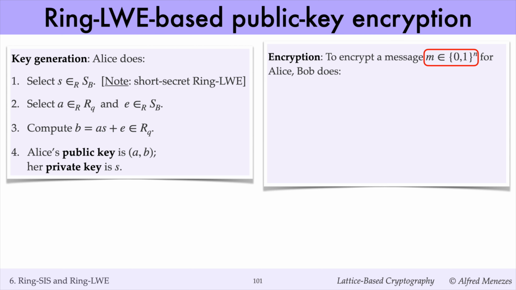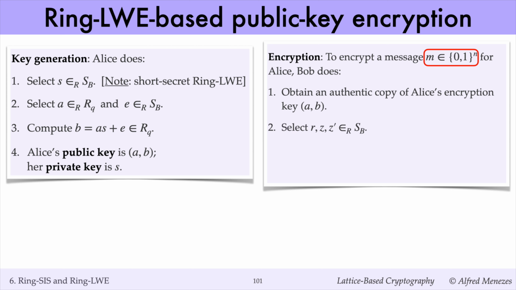Suppose now that Bob wishes to encrypt a length n binary string M for Alice. The plaintext M can be viewed as a polynomial of degree less than n with 0, 1 coefficients. Bob first obtains an authentic copy of Alice's public key, (A, B). He selects random small polynomials R, Z, and Z prime.